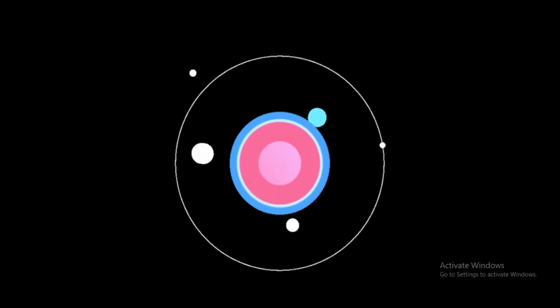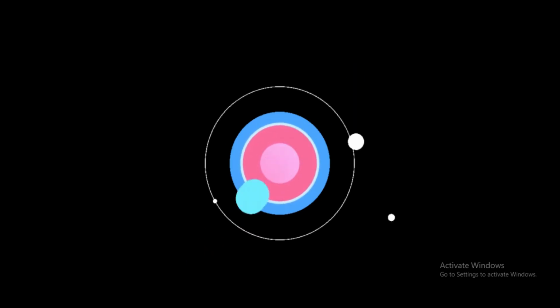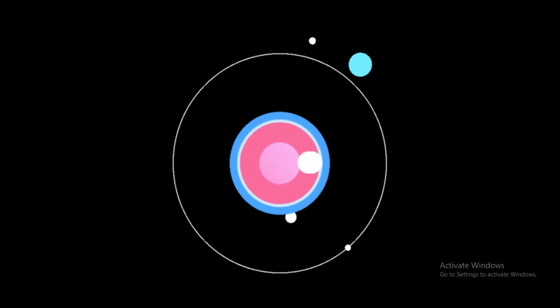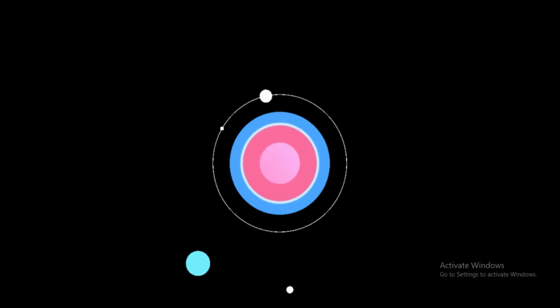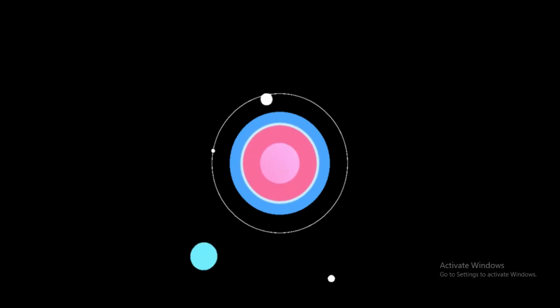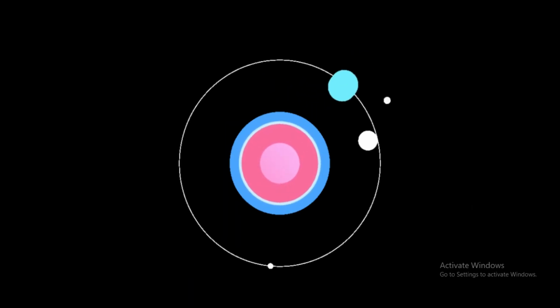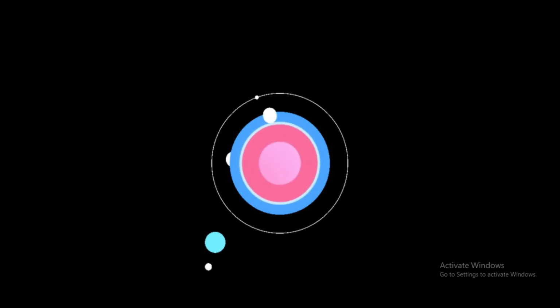So if you know a little bit about atomic physics, you may know that every single object on the planet Earth, or even outside of the planet Earth, is made up of small particles, and we call those particles atoms. And if we look even closer inside the atom, we'll get to see that there is some nucleus, there are some protons, neutrons and electrons.